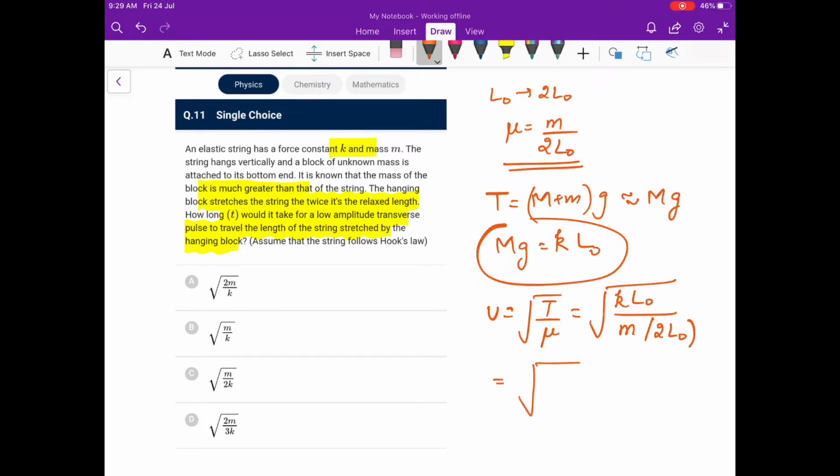So velocity, L0 will come out, it would be root of 2k by m. Now the time would be distance upon speed, distance traveled would be 2L0, so 2L0 by v, L0 goes, so we have root of m by 2k times 2. So you can write it as root 2m by k, because it becomes 4m by 2k. Root 2m by k, go by option A.